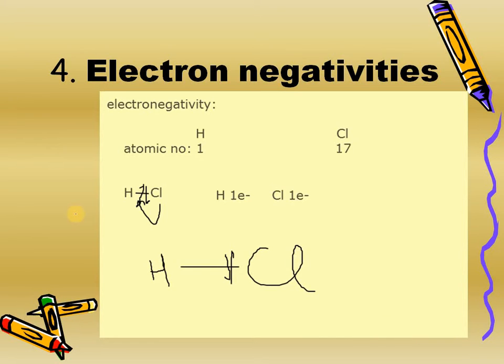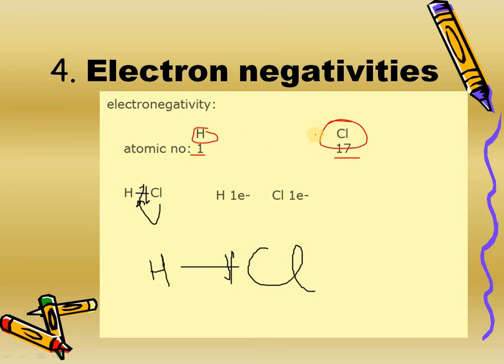Electronegativity I discussed with you last lecture also, but again I want to say a few words about it. Electronegativity is the tendency of an atom to attract the shared pair of electrons toward itself. In layman's language, if two persons are good friends, for example hydrogen and chlorine, and one is a little richer, chlorine is richer than hydrogen because chlorine has atomic number 17 and hydrogen has atomic number 1.